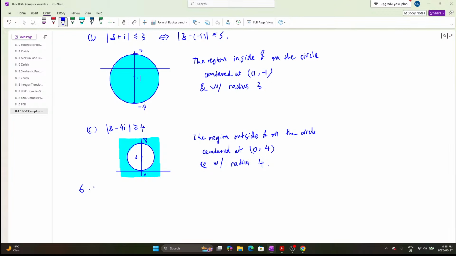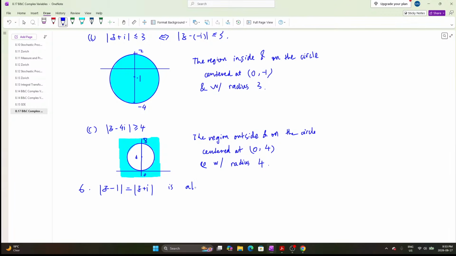So here it says we want to show that the equation z minus 1 quantity, equals z plus i quantity, is a line.